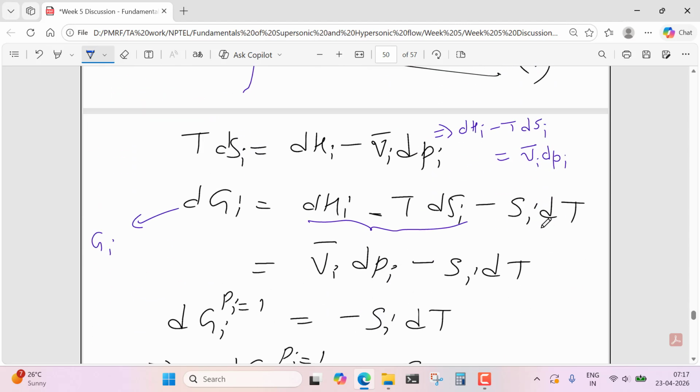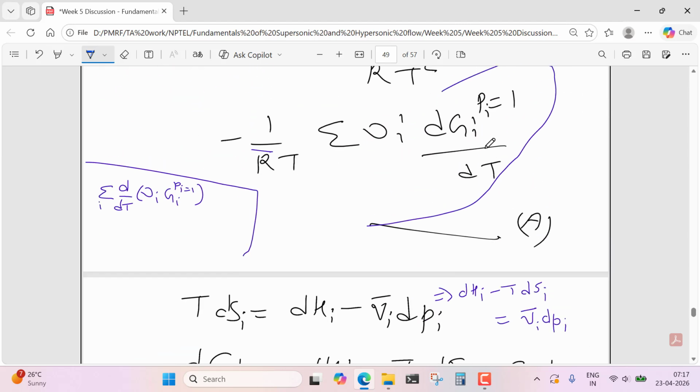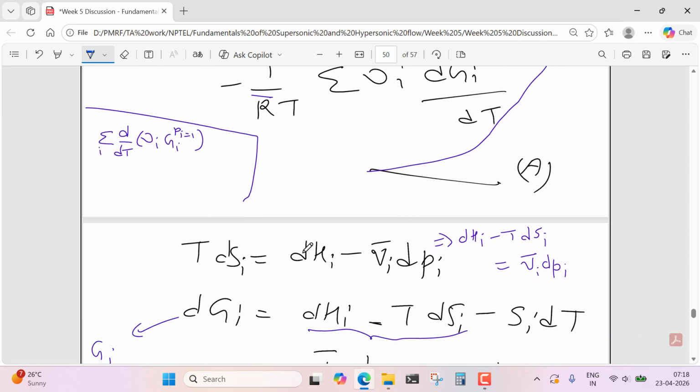Now we have to find this dḠ_i(P_i = 1) upon dT. We know the equation T dS̄_i equals dH̄_i minus V̄_i dP_i, which we derive from the definition of enthalpy.